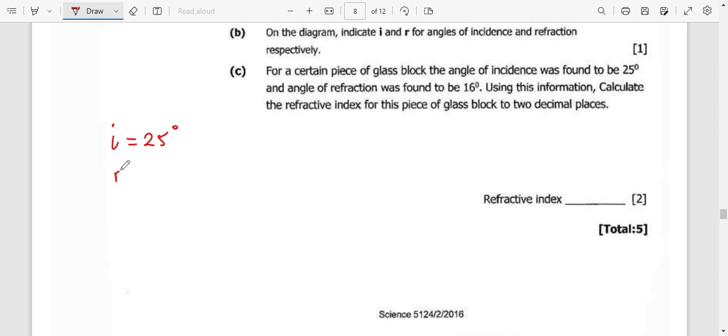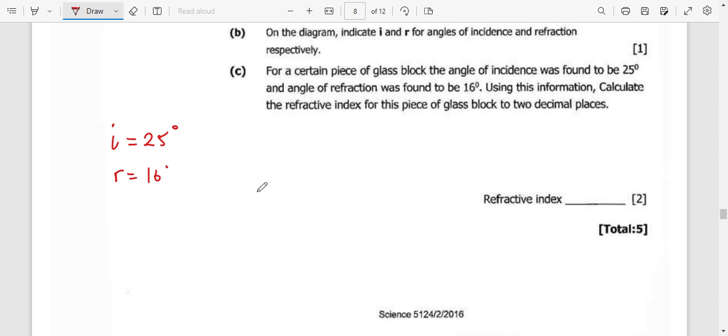The angle of refraction, R, was found to be 16 degrees. Using this information, calculate the refractive index.